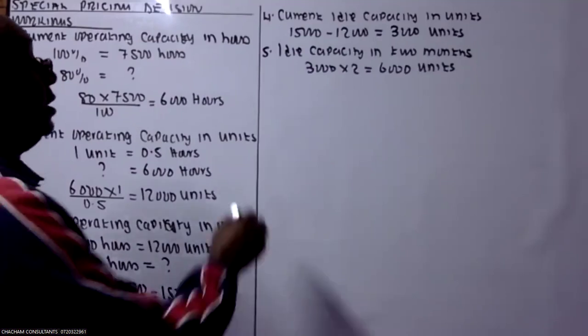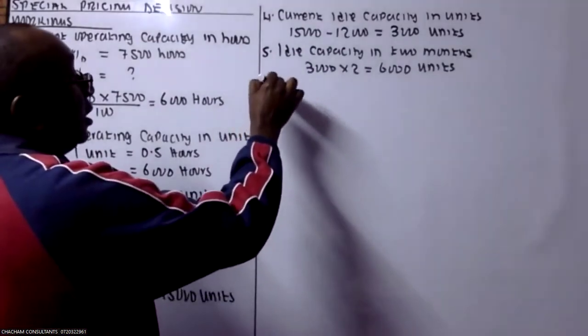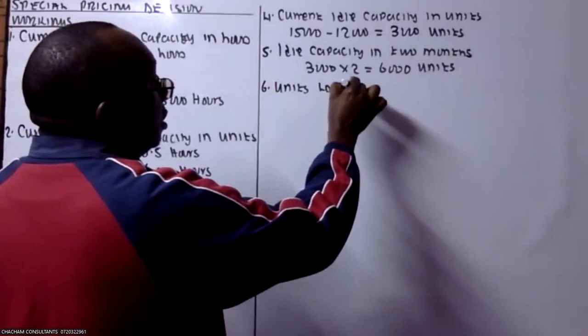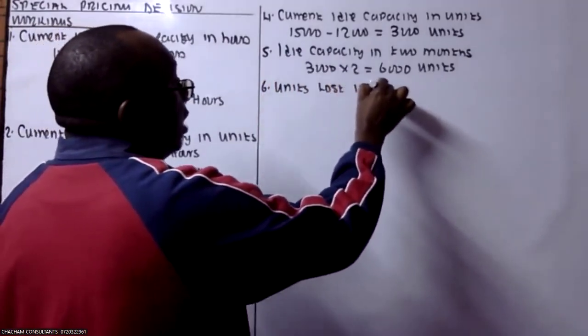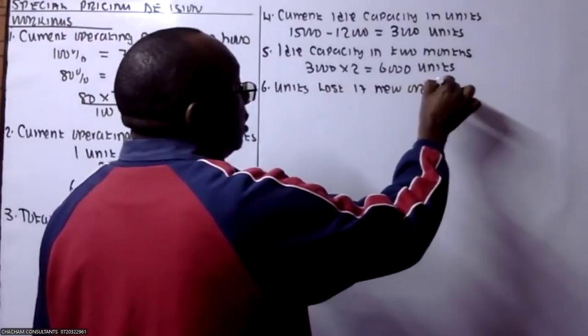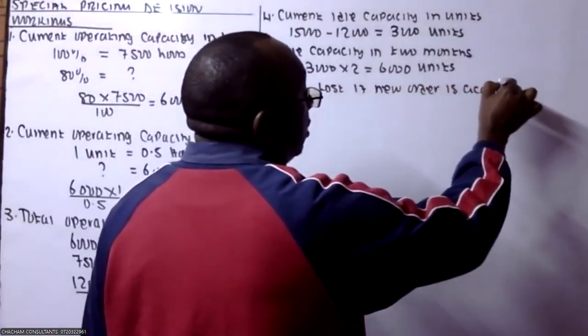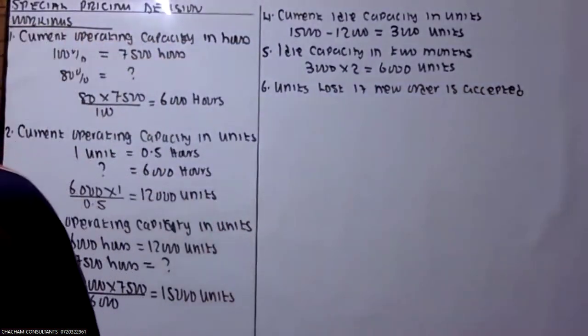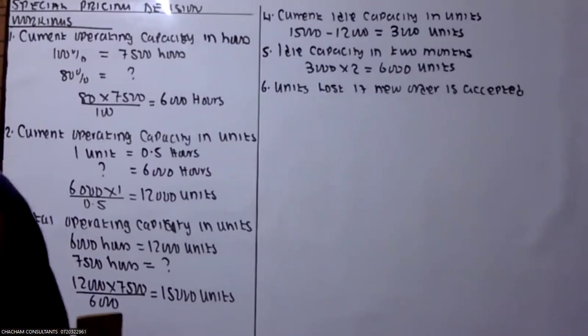If the new order is accepted, units are lost, because by information 4 we cannot work overtime, so you either reject or you affect normal production.